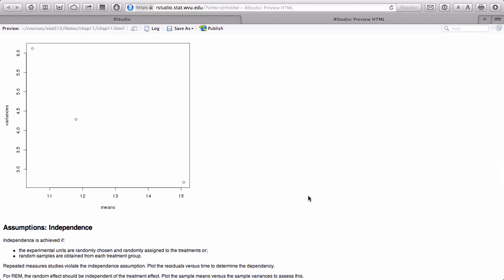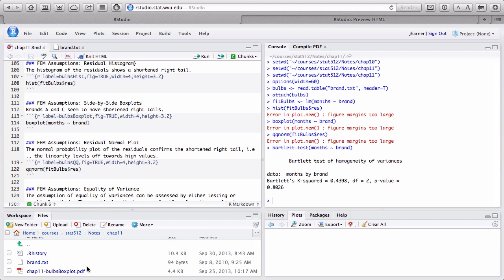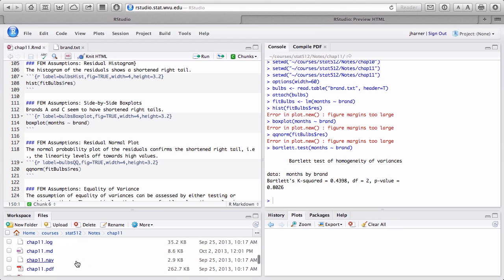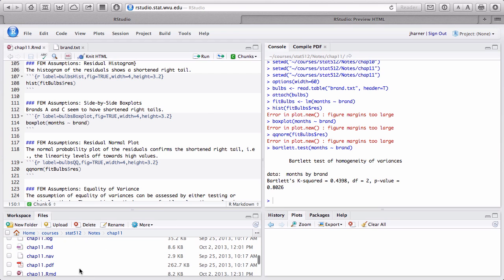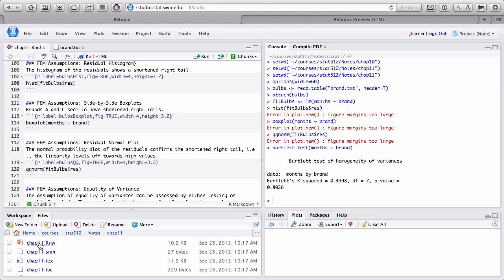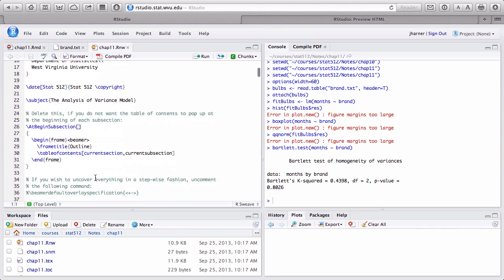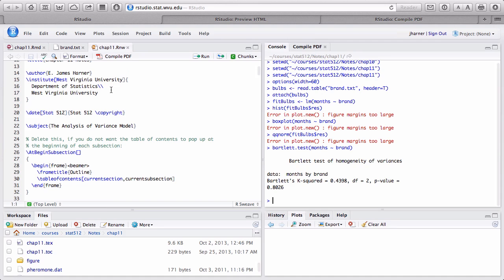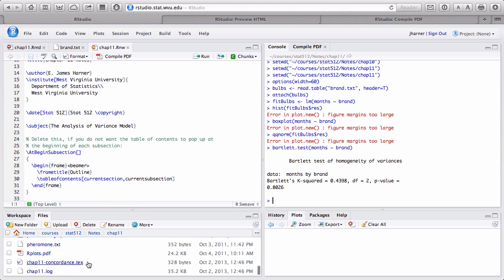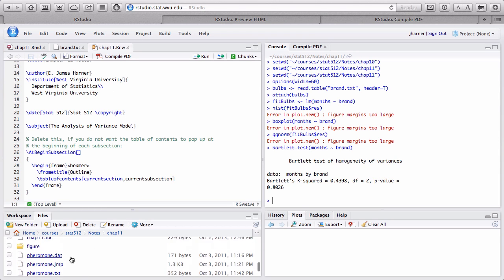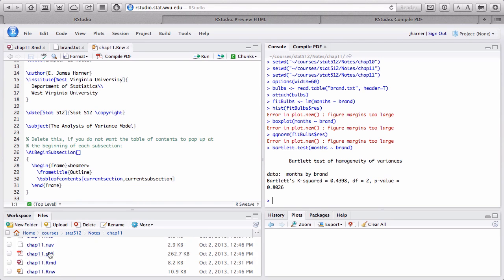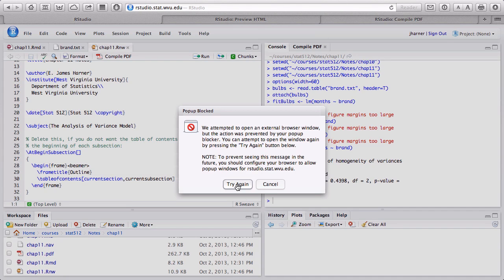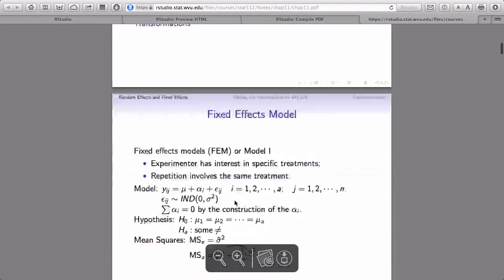By the way, if you want to see how you create slideshows, this is what I used to do, and it's much harder than R Markdown. If I compile this, it creates a PDF file someplace, and it actually gives you a slideshow.